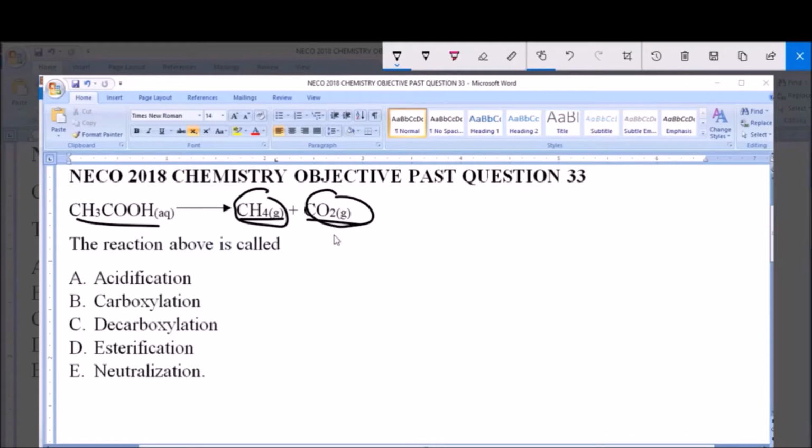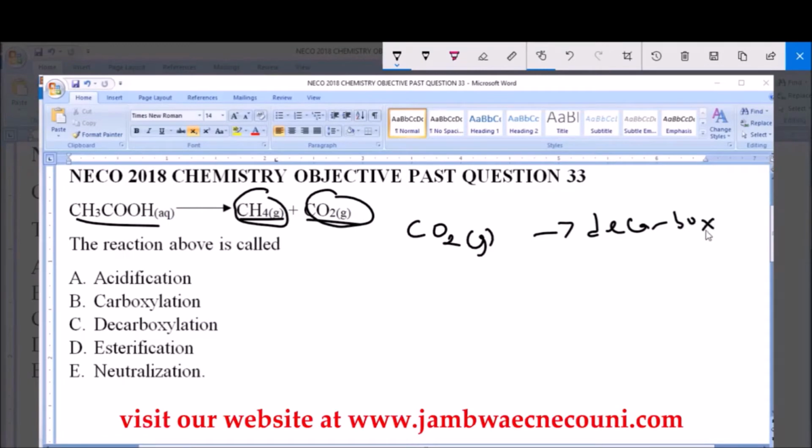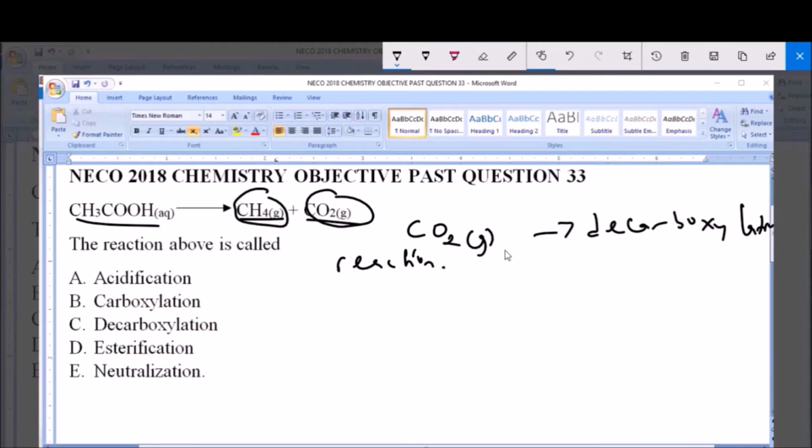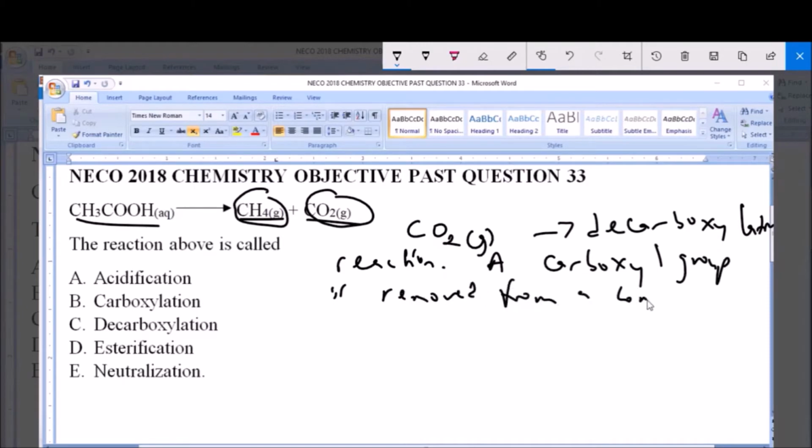Now any reaction that involves removal of carbon dioxide is known as a decarboxylation reaction. In a decarboxylation reaction, a carboxyl group is removed from a compound and carbon dioxide is evolved.